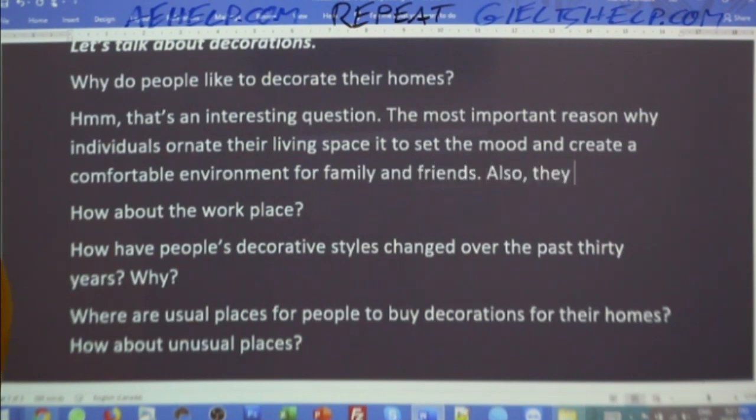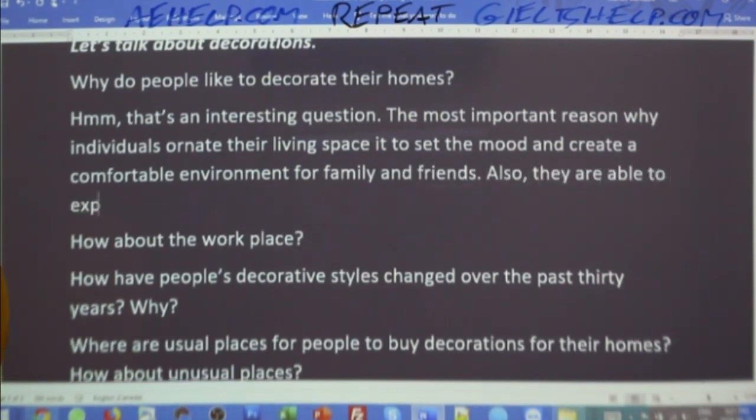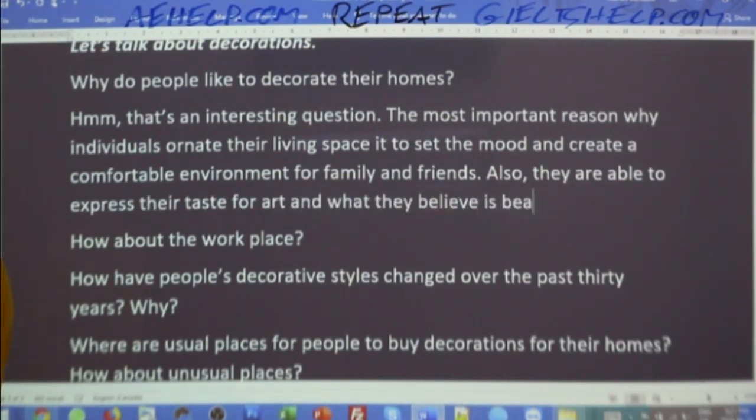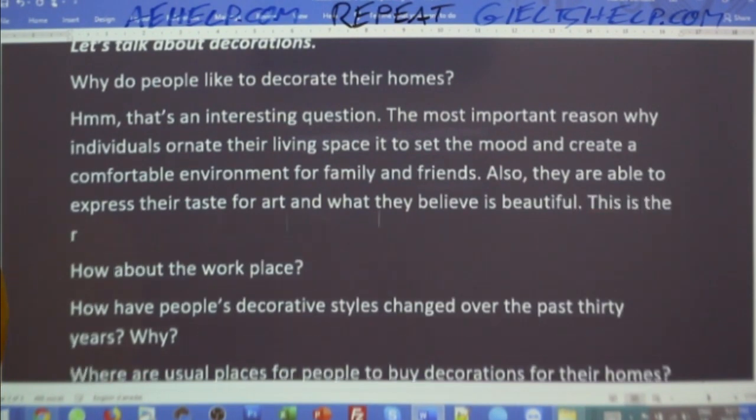Also, they are able to express their taste for art and what they believe is beautiful. Okay, this is the reason I have a Van Gogh replica in my hallway.